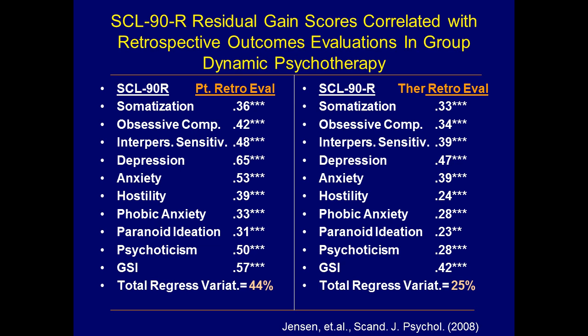And what you see is that a substantial amount of the variance is accounted for, predicted by the SCL90R, more so in the patient evaluation than the therapist evaluation, but that's to be expected. So that's a nice little study that Jensen and colleagues did.